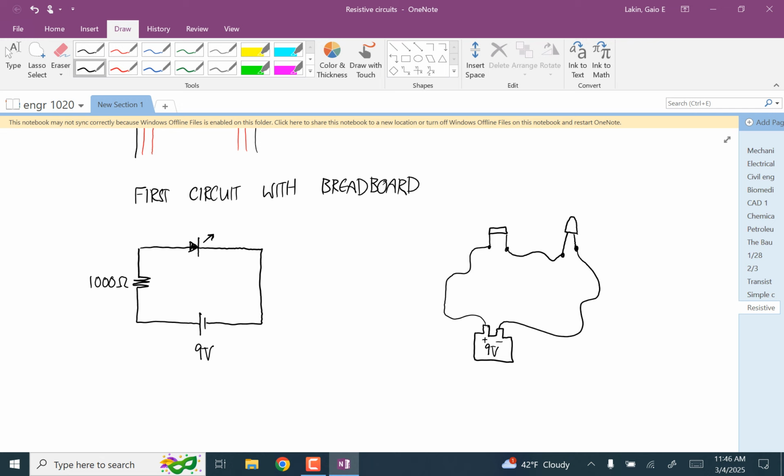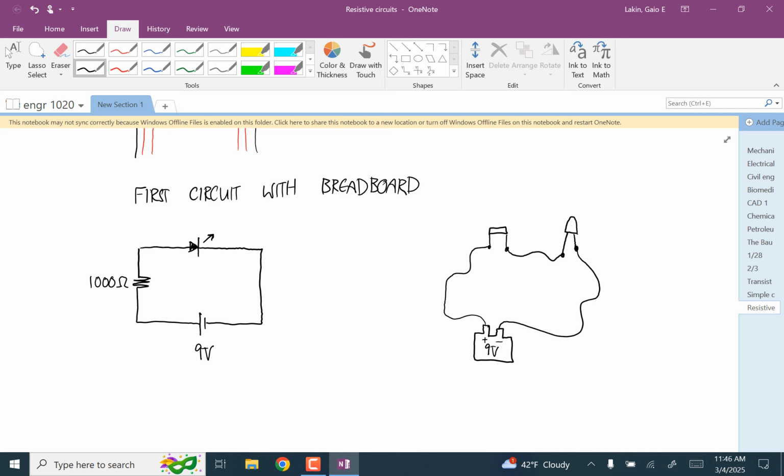Right. So how can we plug it in here? Yeah, you can plug it right in there. I'm going to do it like this. I'm going to have the battery go to this, and then it connects through the resistor to the positive side of the LED, and then the negative side of the LED goes to a different line.